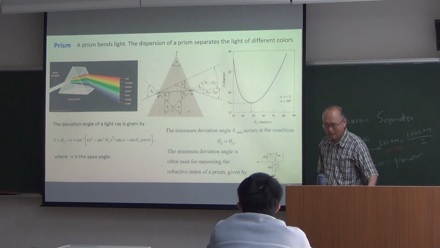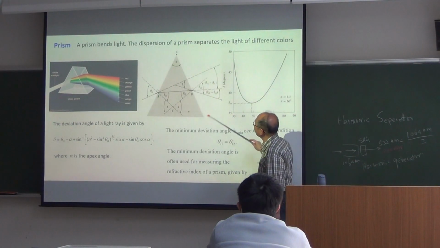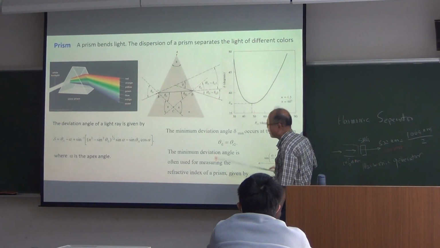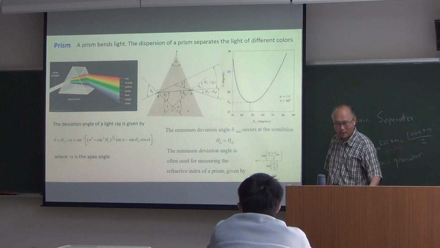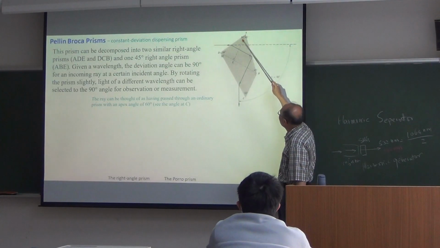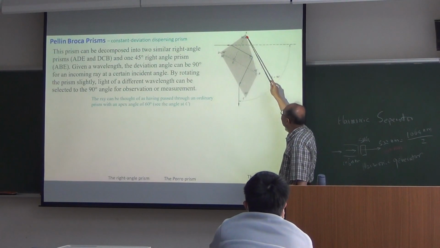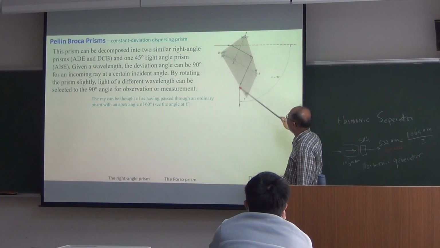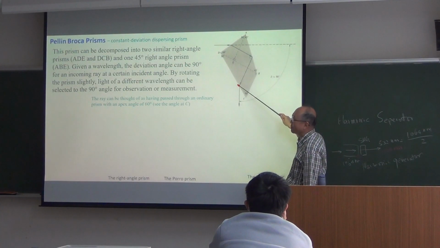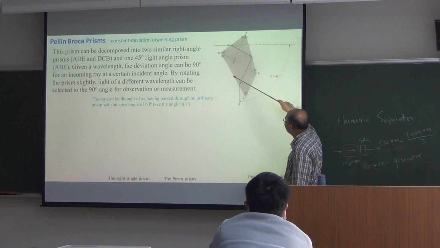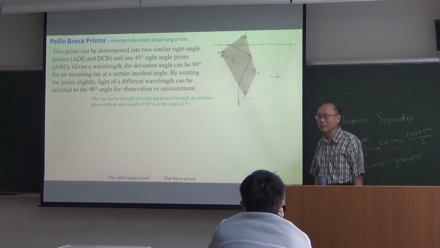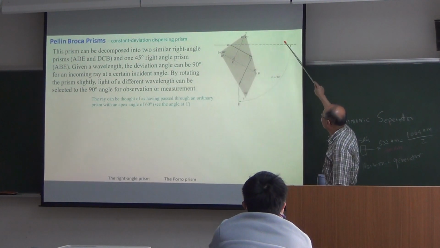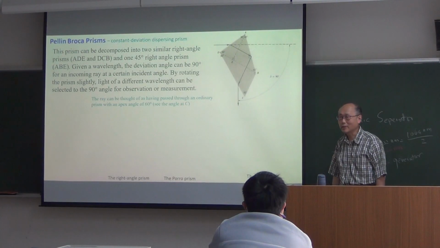Well, then let's add something here to make it bend 90 degrees. Well, the way to add it is to add this piece of prism to have a total internal refraction with a 90-degree bending. And then this serves as a second prism to get this minimum deviation angle.